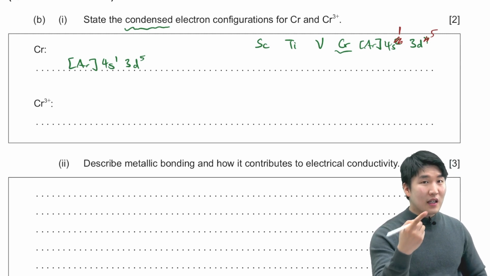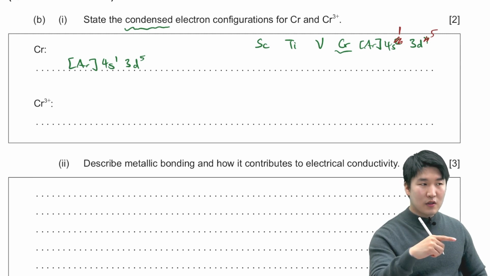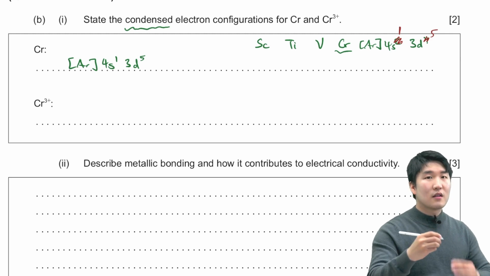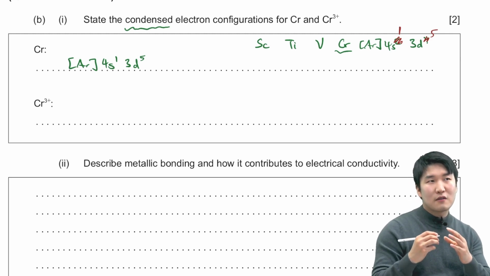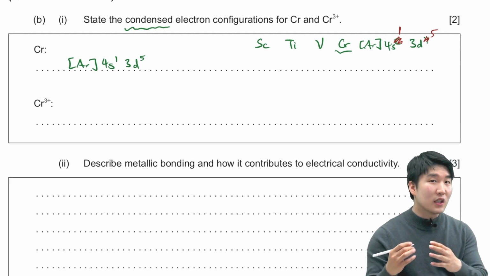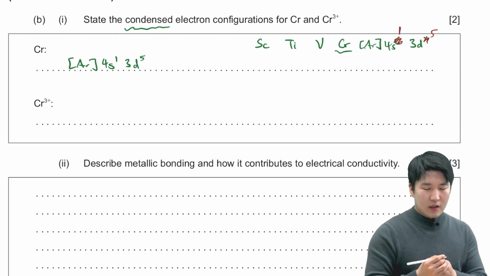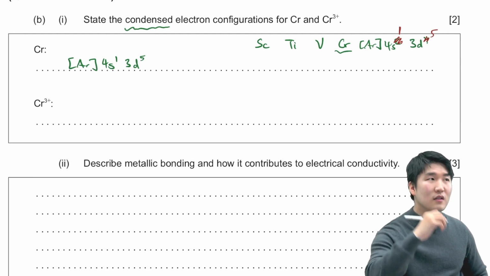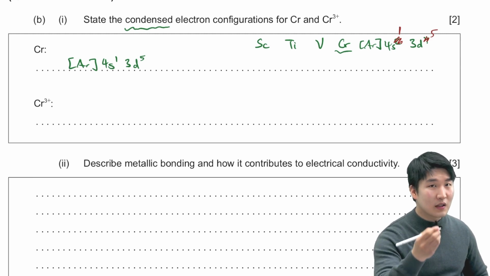Aufbau principle states what? It states that electrons occupy lowest energy orbitals first. That's why 4s orbital is occupied before 3d. So empty 4s orbital has lower energy than empty 3d.